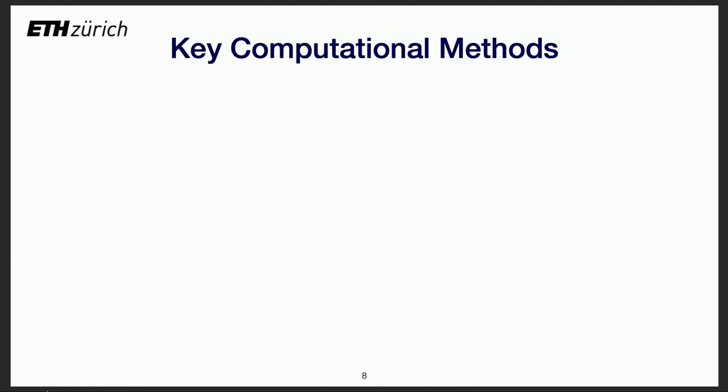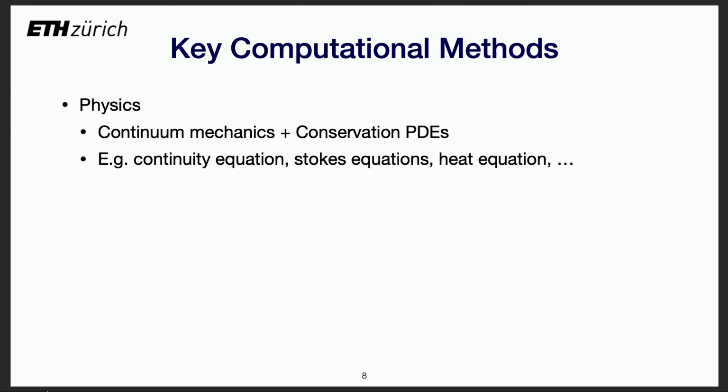Now, I want to discuss a bit the key computational methods that we're using when working with this type of simulation. In terms of physics, at least for these purely geodynamic models, we often work with continuum mechanics and conservation PDEs, so things like the continuity equation, the Stokes equations, the heat equation.